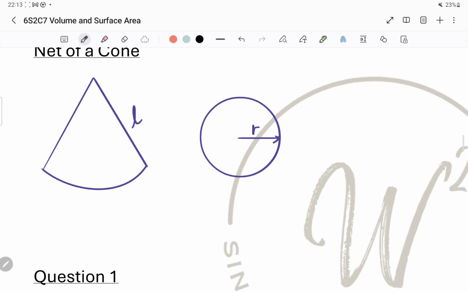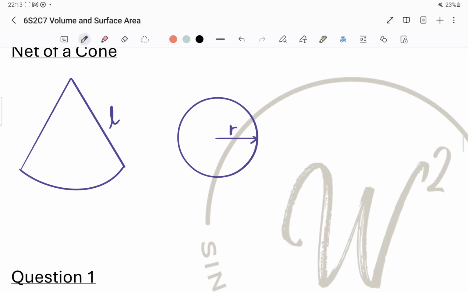This will help you understand how to find the surface area. To find the surface area of the cone, you need to add the area of the ice cream cone part, and also the area of the circle over here.